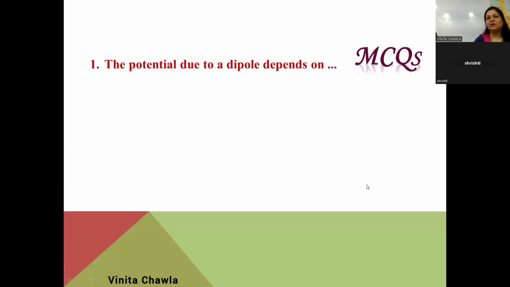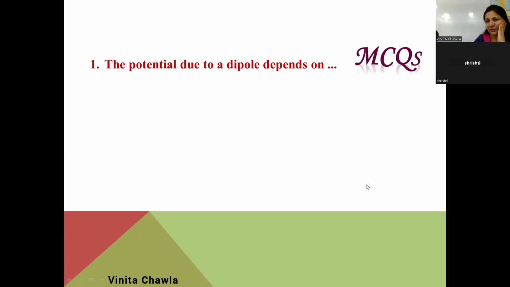Now we have a question. The potential due to a dipole depends on... We have discussed dipole. And what is the formula of potential? Srishti, you can also respond. What is the formula of potential? V is equal to Kp cos theta by r square.